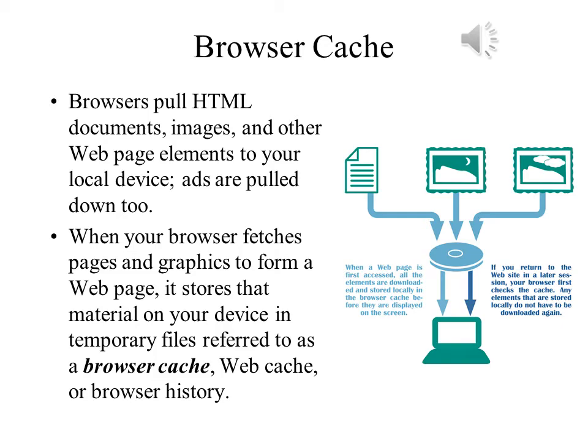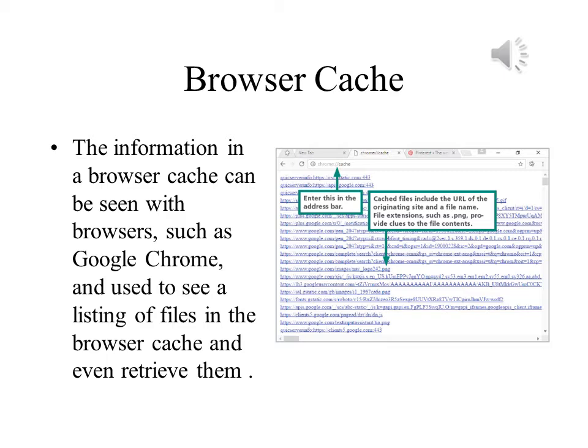Whenever you want a browser to return to that page or document, it will check the cache first. If the page has changed, you can always press the refresh button and it will download all over again. At one point or another, you may choose to see what you have stored in your browser cache.